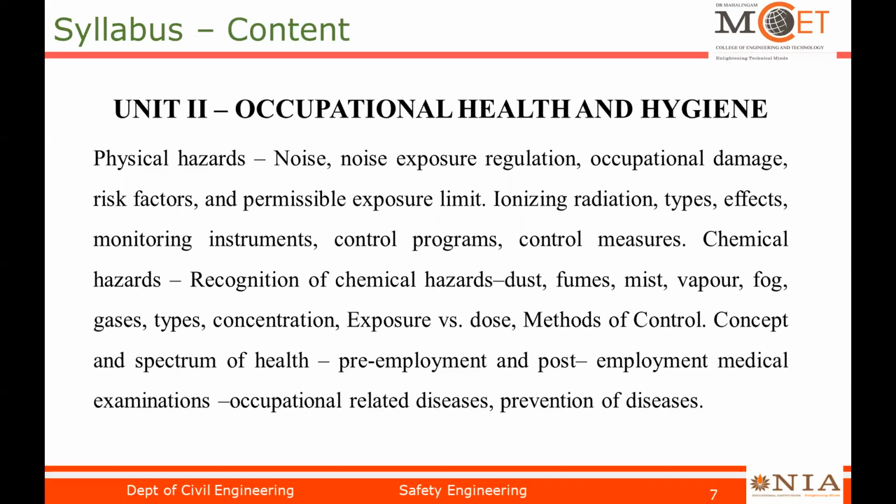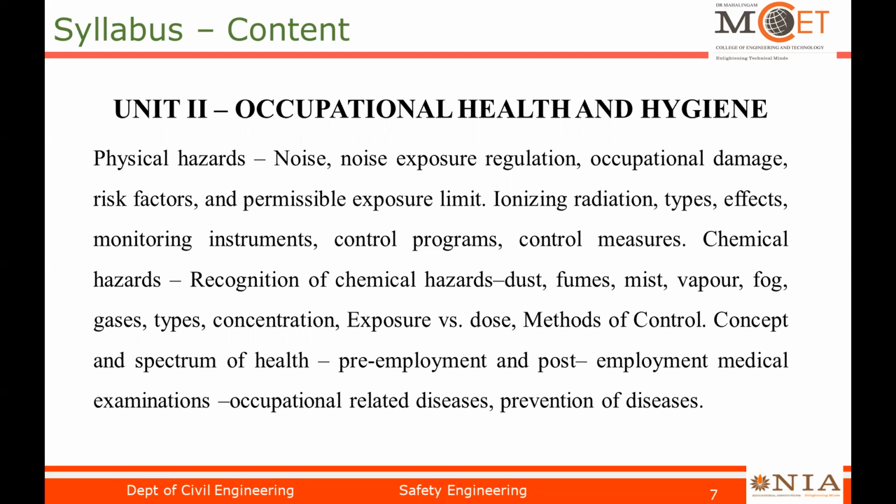Then coming to the second unit, it is of the occupational health and hygiene. We will go through the topics such as physical hazards, that deals with the noise exposure regulations, occupational damage, risk factor, and permissible exposure limit, ionizing radiations, types, effects, monitoring instruments, control programs, control measures.